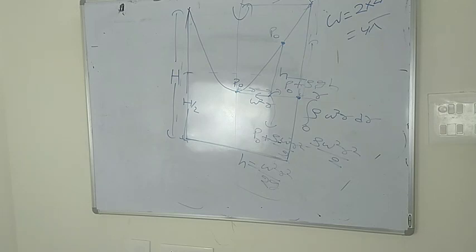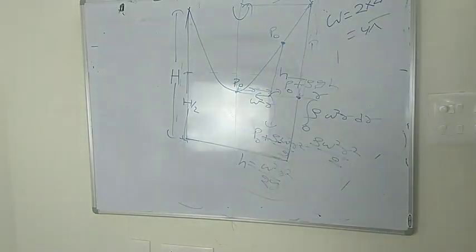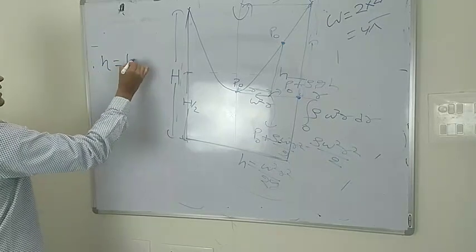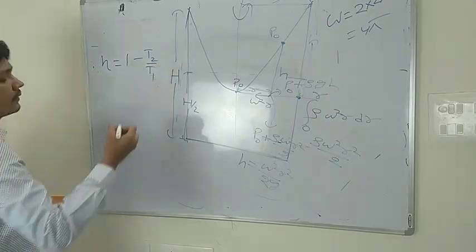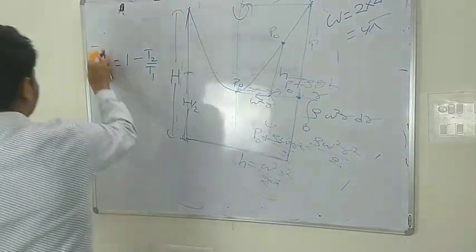Question number 8 is completed. Now 9. A Carnot engine operating between temperatures T1 and T2 has efficiency 1 by 6. When T2 is lowered by 62 Kelvin, its efficiency increases to 1 by 3. This is also out of syllabus, I think. The Carnot cycle efficiency is 1 minus T2 by T1, and they gave us 1 by 6.